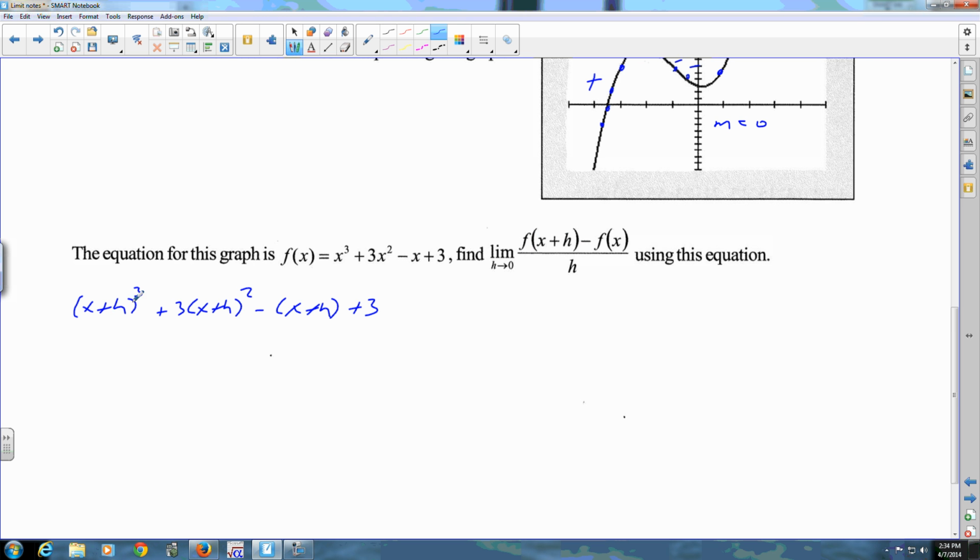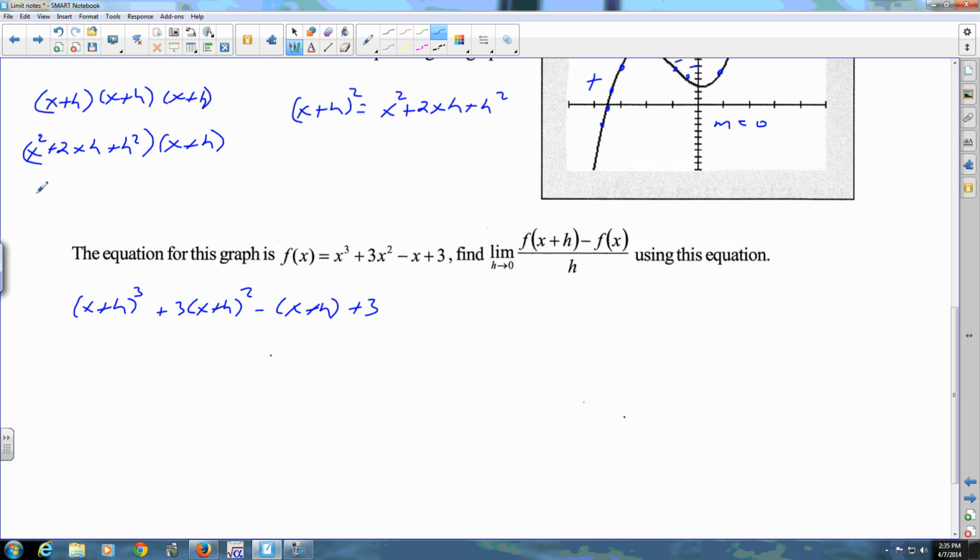And I'm hoping you notice that you got a cubic here. So let's step aside and do the cubic. You'll see this more than once in your homework. So (x plus h) cubed is (x plus h)(x plus h)(x plus h). If I multiply the first two together, that's really just (x plus h) squared, which you guys know is x squared plus 2xh plus h squared, times x plus h.